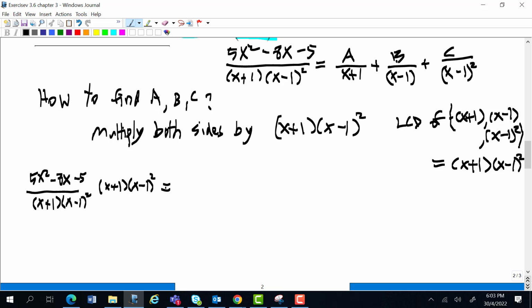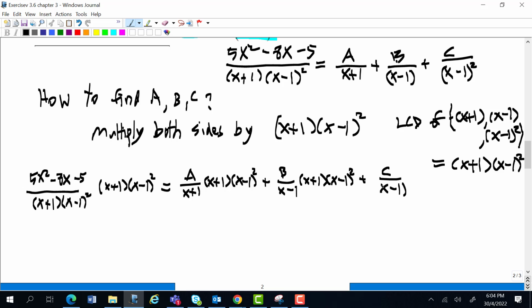And then on the right hand side, you have a over x plus 1 multiplied by x plus 1, x minus 1 squared, plus b over x minus 1 times x plus 1, x minus 1 squared, plus c over x minus 1 squared times x plus 1, x minus 1 squared.